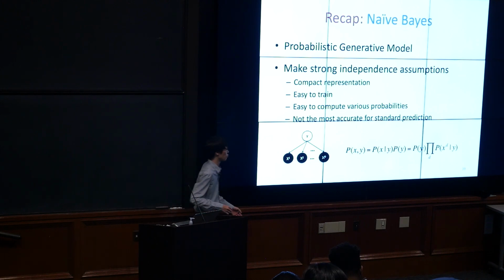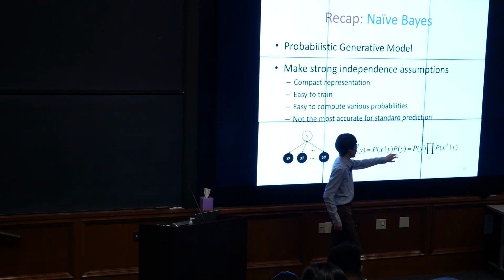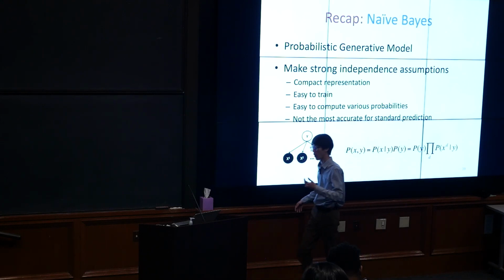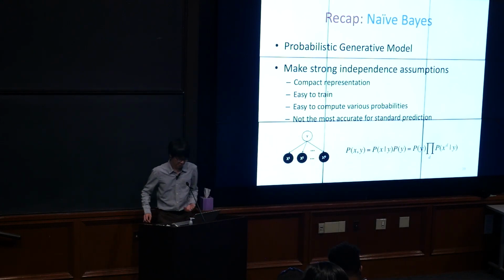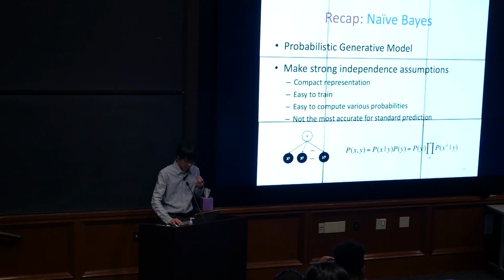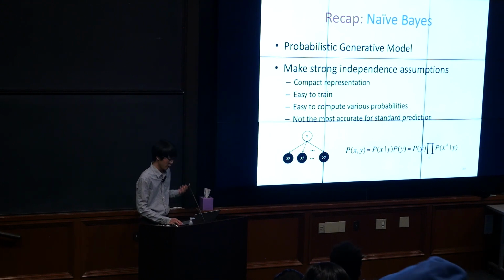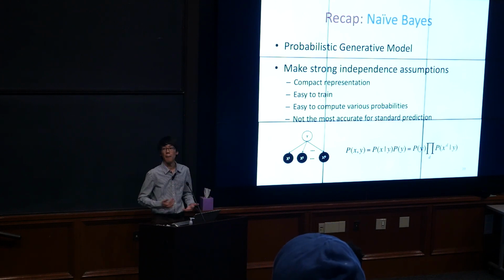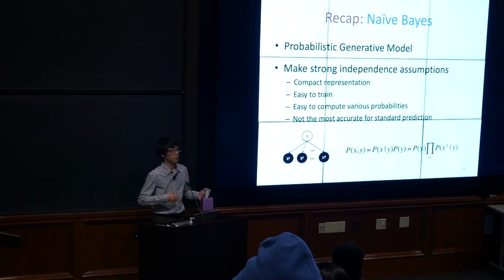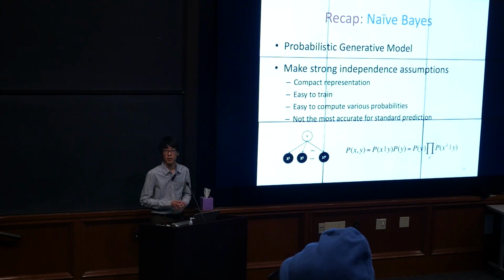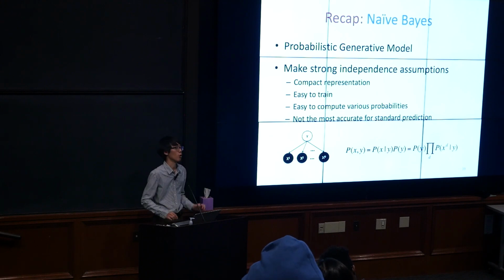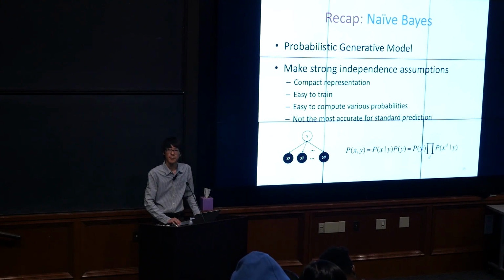With just these two parameters that we memorize, we can really do probability arithmetic to arrive at whatever we need to arrive at. And like we keep mentioning, this isn't the most accurate for just your standard supervised classification task. Other models do that better. But this model allows you to do things that you couldn't do before with discriminative models.